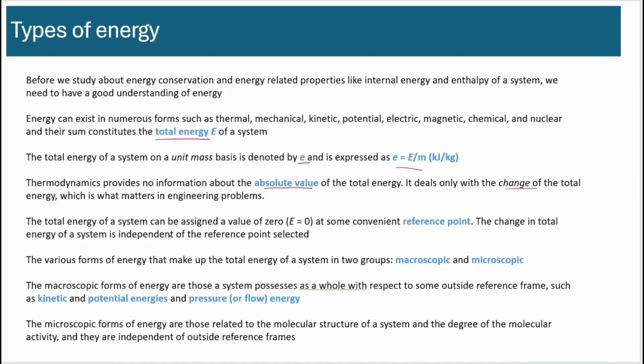Typically, the way they assign an absolute value is by choosing a reference point, a reference state, for example, of pressure and temperature. They will choose different states for different systems, and you can say for this particular gas, the reference state is this pressure and this temperature, and at that condition, you could assign a value of 0 to the total energy.